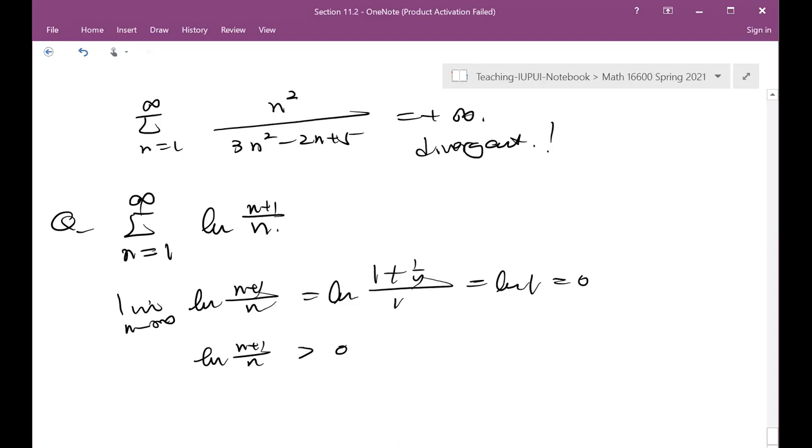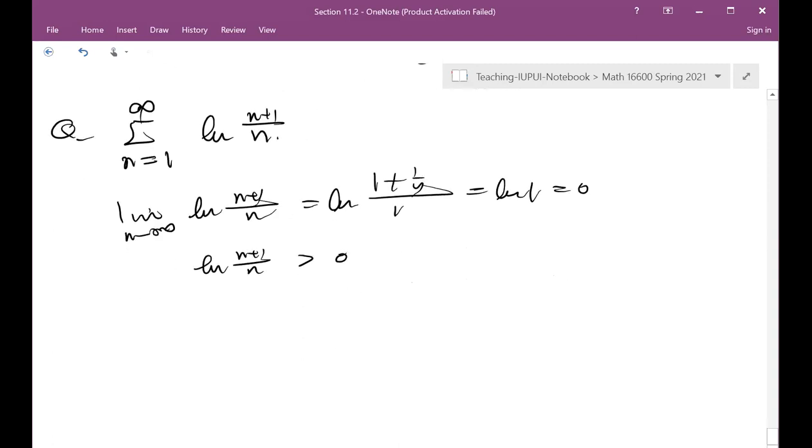My question is, are you able to figure out its convergence using other methods, whether it's convergent or divergent? All right, so think about this. I'll give you a minute.